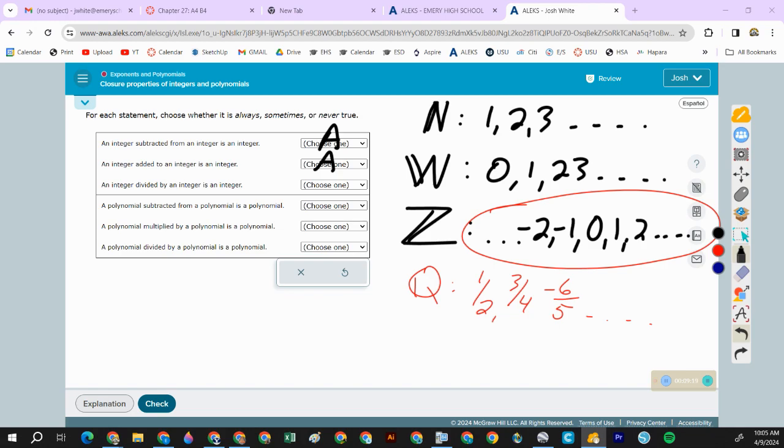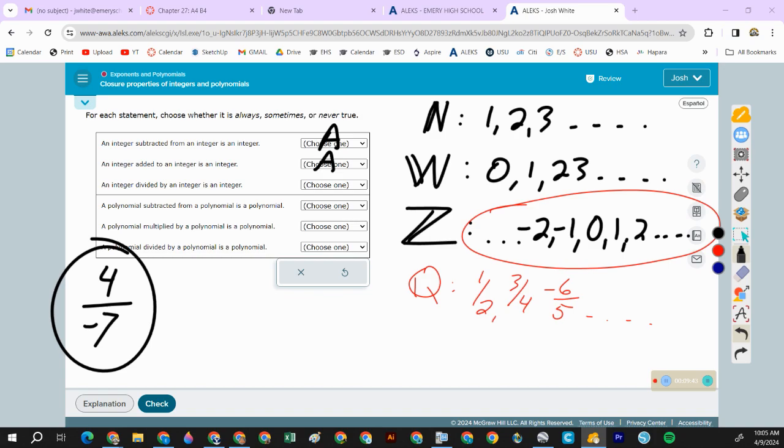Is that always an integer? No. Can you think of an example where that's not true? Well, if I took the number 4 and I divided it by the number -7, is this part of the integer list? No, it's not.